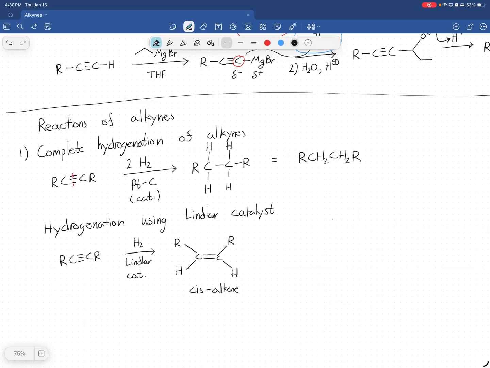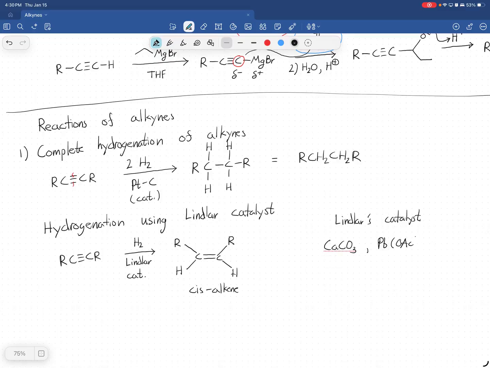All right, so Lindlar's catalyst is this. So Lindlar is a mixture of calcium carbonate, lead acetate. So this is acetate.